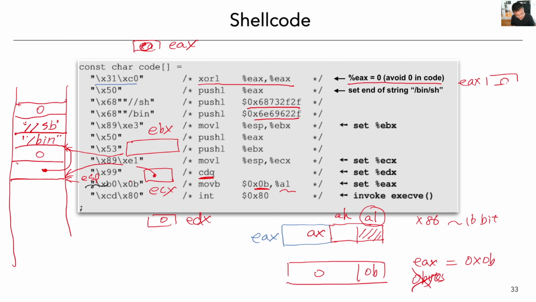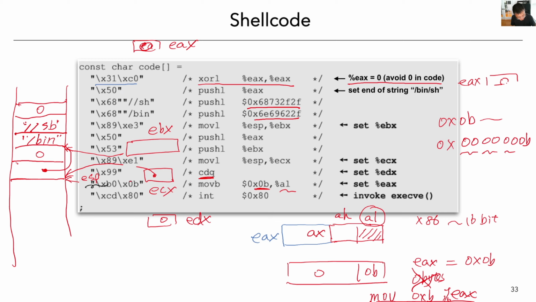If you want to move 0xb into EAX directly, in the binary encoding of this instruction the 0xb will be encoded as 0000000B, so we are going to have 3 bytes of zeros.